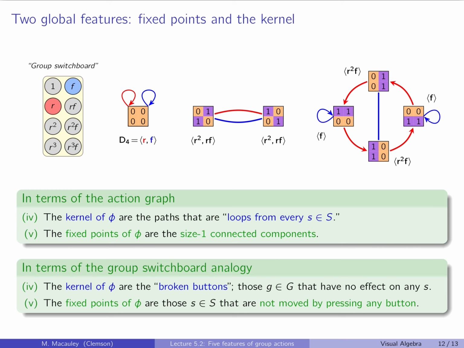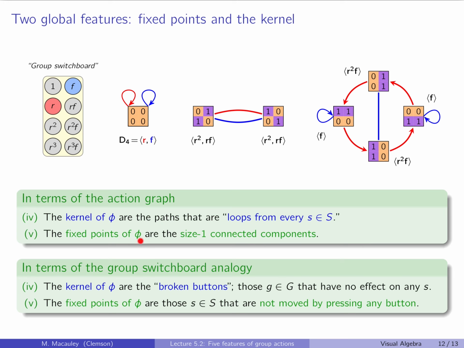So R is a loop from here. F is a loop from here, here, and here. R squared is a loop from here, but not from here. And you could check 8 of these buttons, and every single one of these buttons moves something except for the identity. So the only path that is trivial from every node is the identity, which you can think of as doing nothing, or you can think of as F squared or R to the 4th, or so forth.